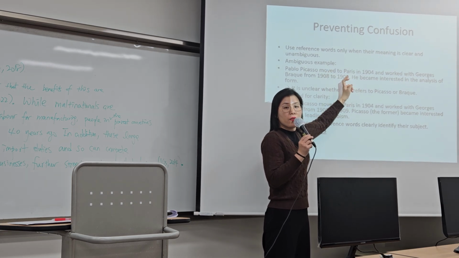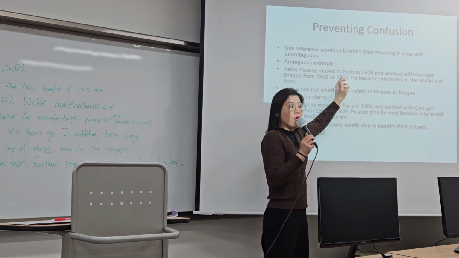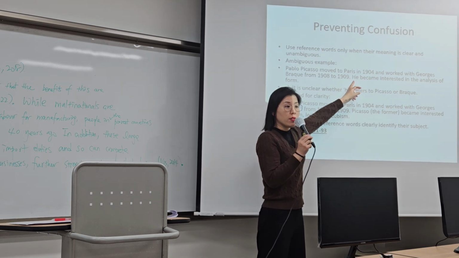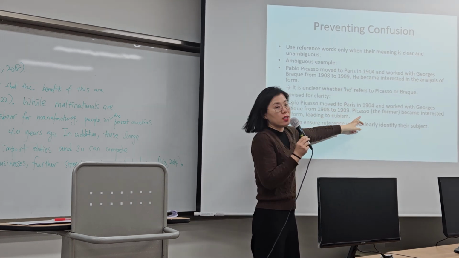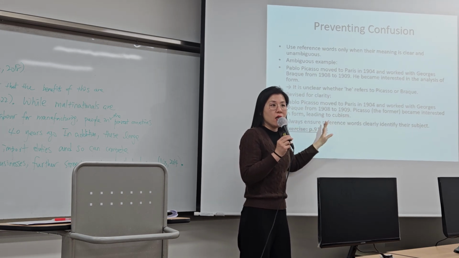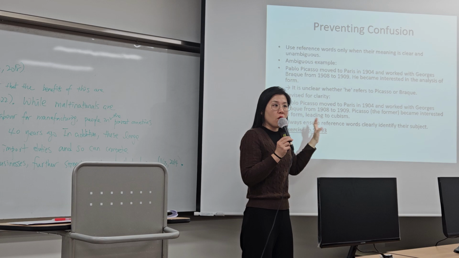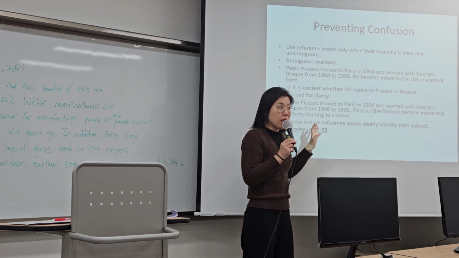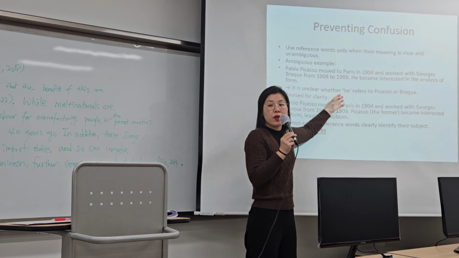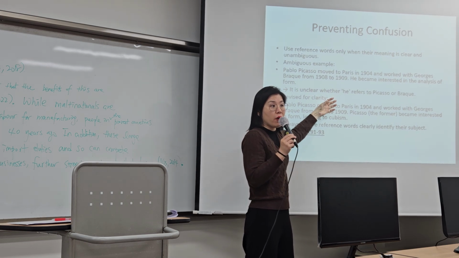It can create confusion, right? So if it's confusing, then it's better not to use the pronoun and use the noun instead. You just specify the name, all right? Whenever the pronouns you're using are not very clear in meaning, then don't use them. Just use the specific nouns. This is a very important rule when you're writing.